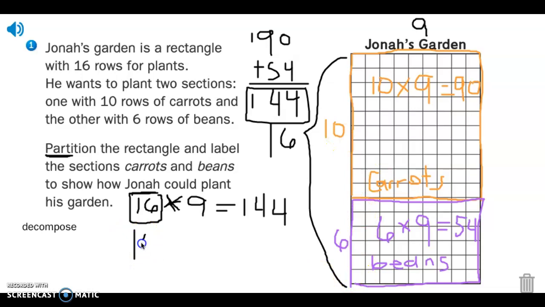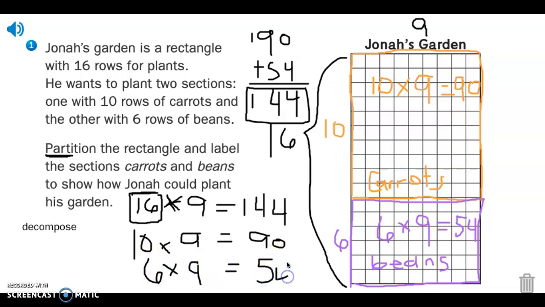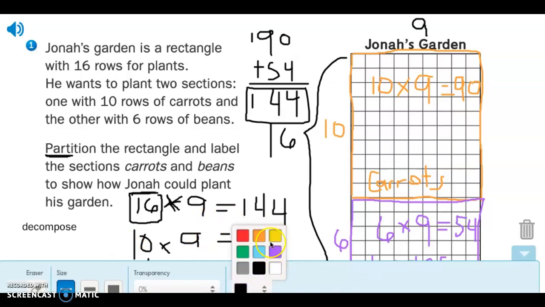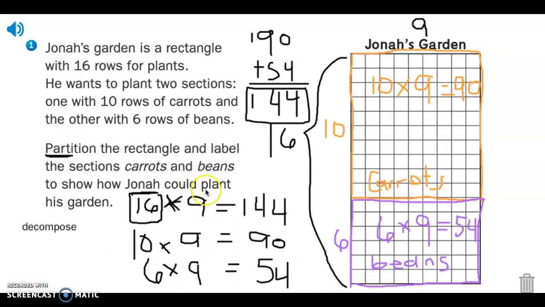So we did 10 times 9 equals 90. And we did 6 times 9 equals 54. We decomposed and broke apart 16 because 10 plus 6 is what? 16. But the most important part when we decompose is that one factor stays the same. So I was multiplying by 9.